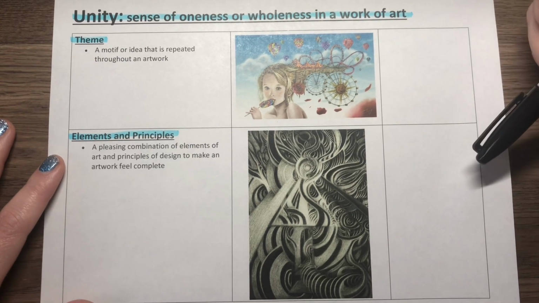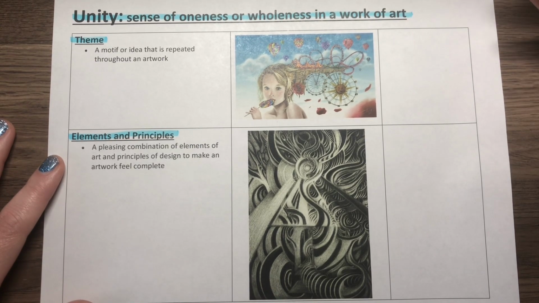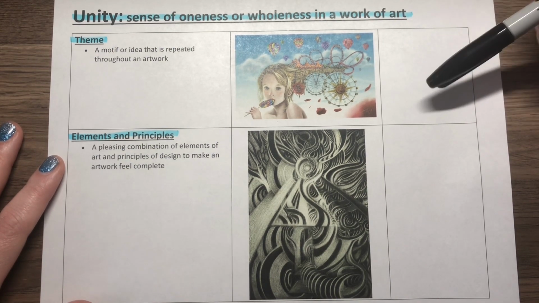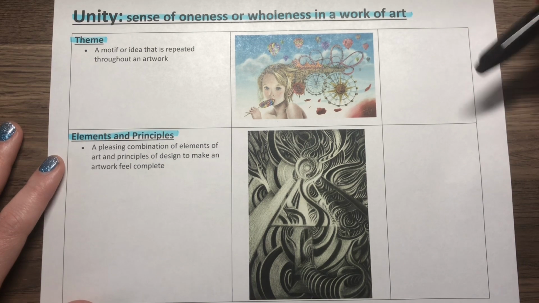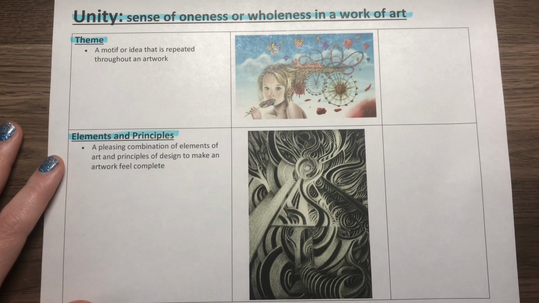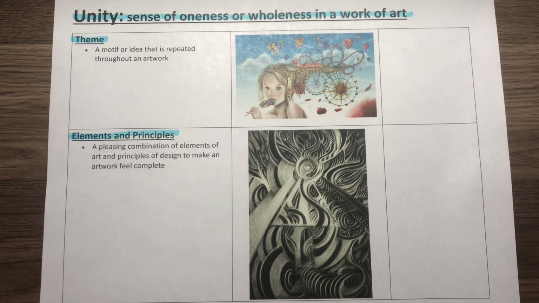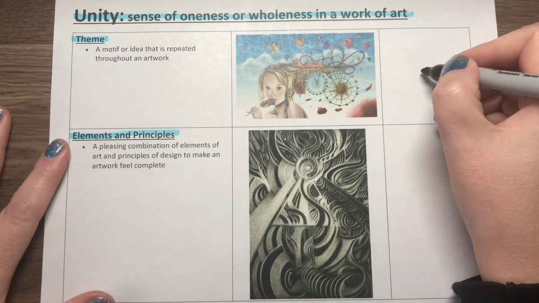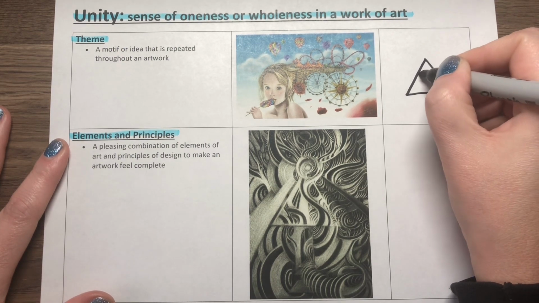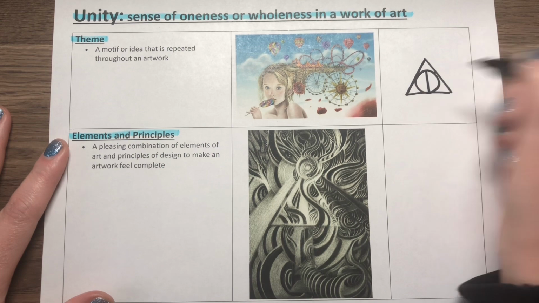You can also have other ideas for a theme, such as, I don't know, let's see, how about Harry Potter? So you could do a whole thing just based on Harry Potter, right? Maybe that's what I'm going to do. So for my picture, I'm going to have my theme be Harry Potter. Right?